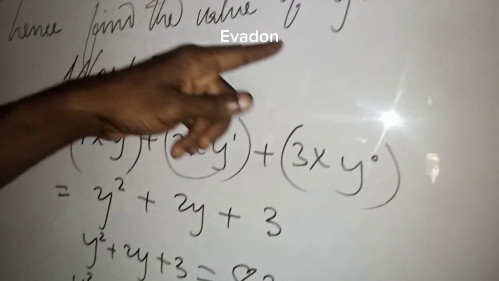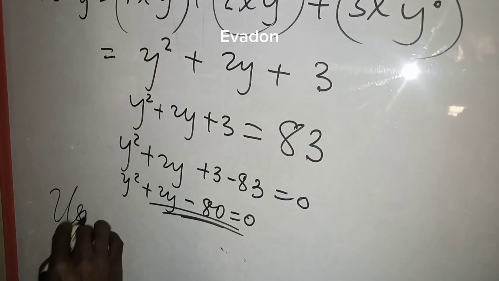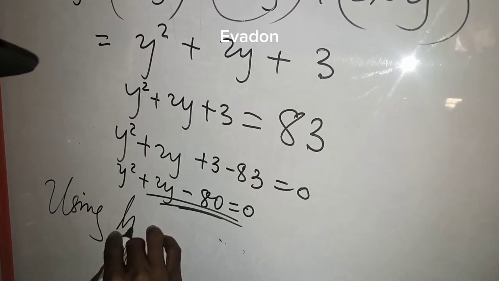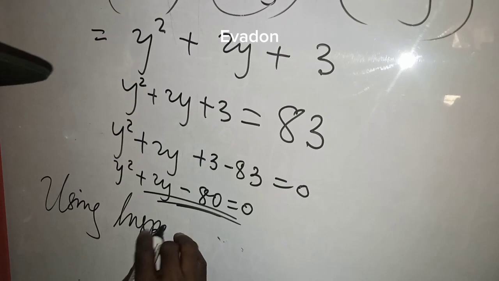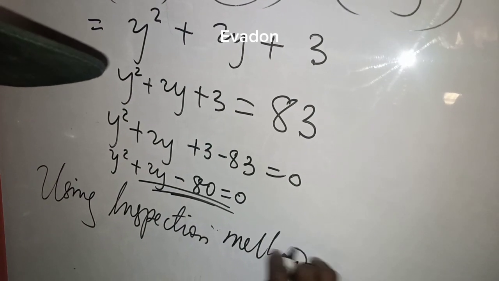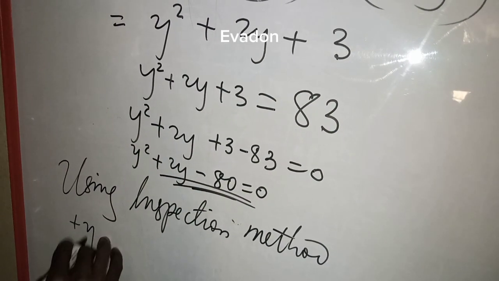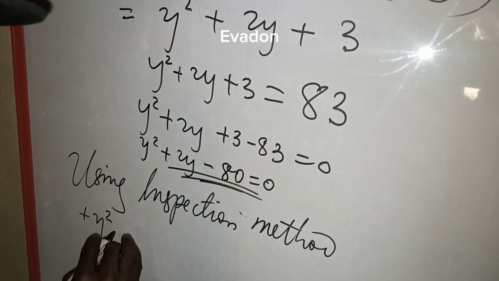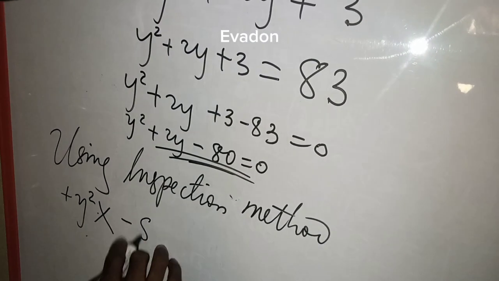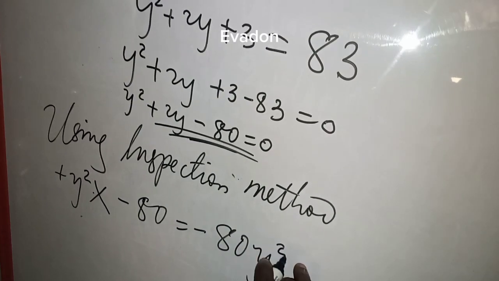Now find the value of y. Using the inspection method, the first thing we do is multiply the first and the last term. So we have plus y squared multiplied by minus 80 will give me minus 80y squared.